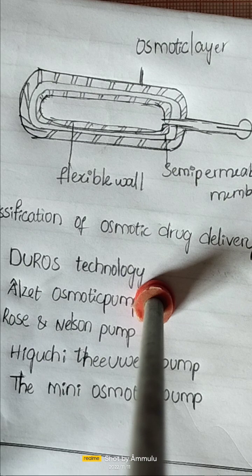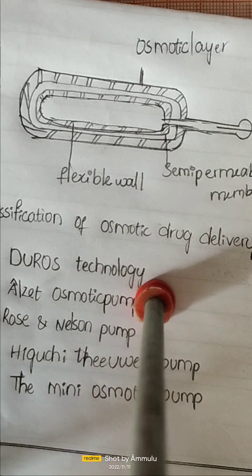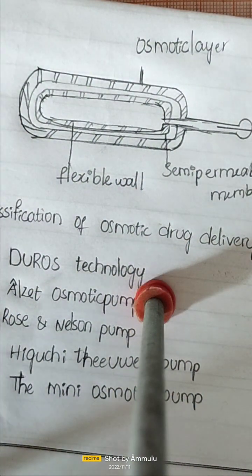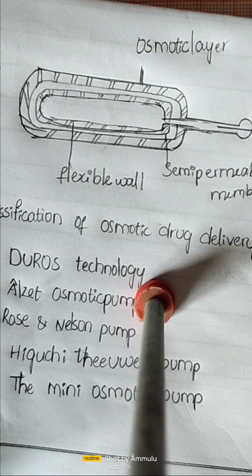In this technology, as shown in the diagram, this Duros technology provides a bi-compartment system which is separated by a piston. One of the components consists of the osmotic engine, which is specially formulated with an excess of solid, that is nothing but sodium chloride, that remains present throughout the delivery period, and it results in a constant osmotic gradient.